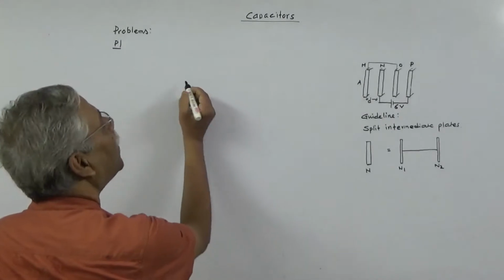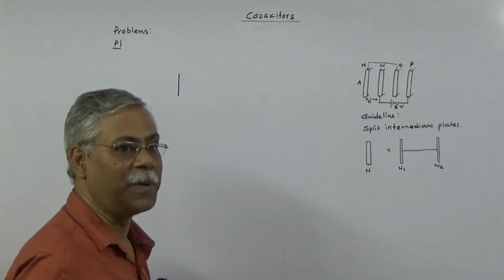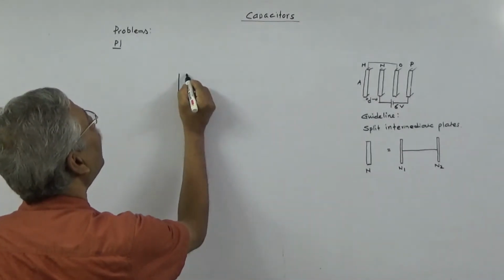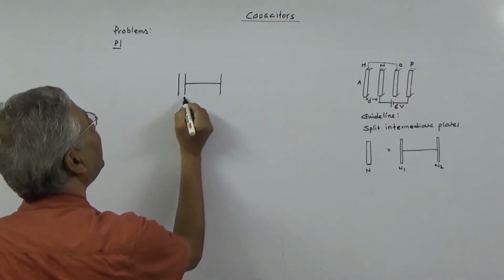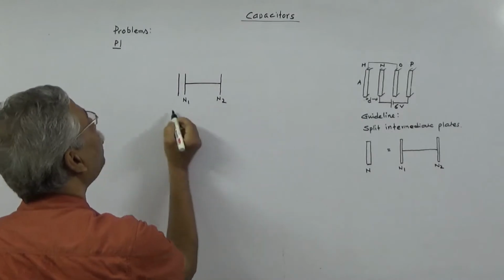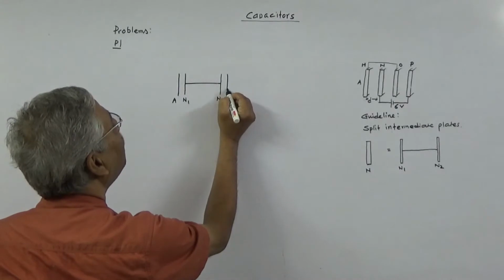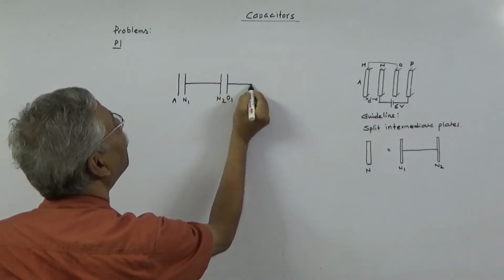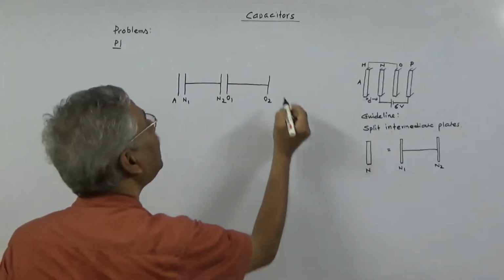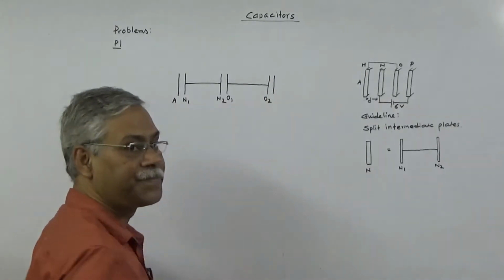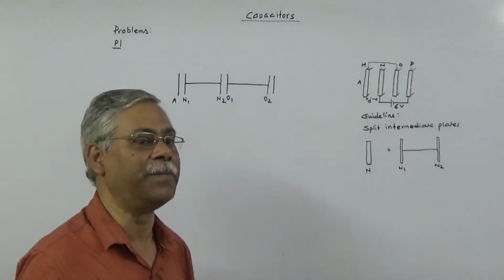So A, I am not splitting A, then N1, N2, then O1, O2, then P. Not splitting P, the side plates. I will not split the side plates, I will split only the intermediate ones.